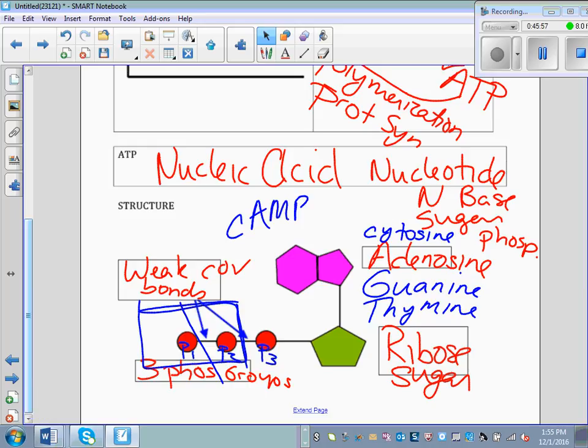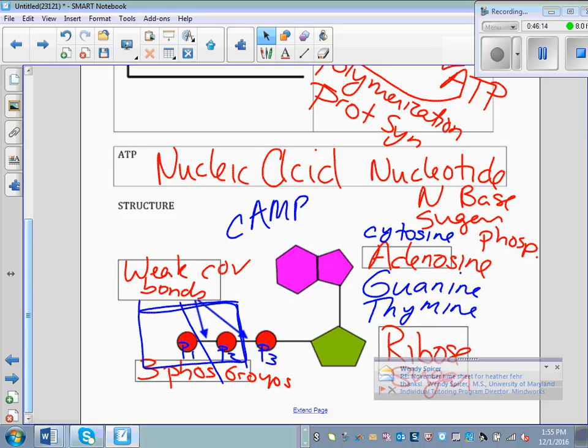There are different forms of those nucleic acids. They're all used for energy. We'll talk about that when we get to DNA replication. We haven't done DNA replication yet. Oh dear God, we still have more.